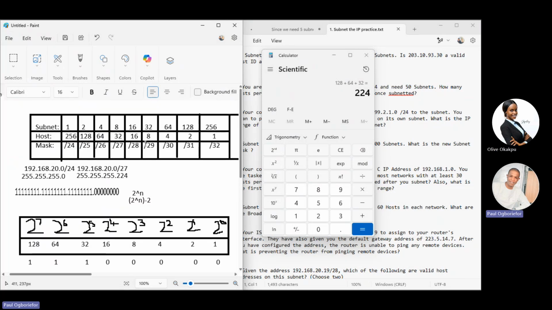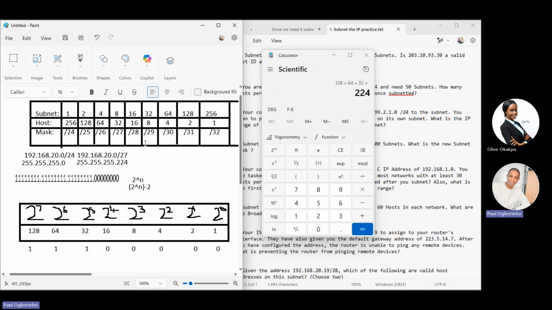Now let's do one more. I would not want us to do something very tight, but you are going to do this for me. Now let's pick a network with slash 26. What will be the subnet mask of this if we are using slash 26? It will be 255.255.